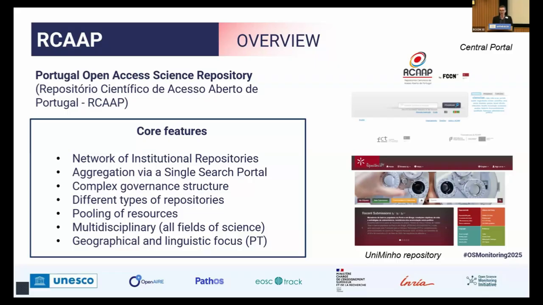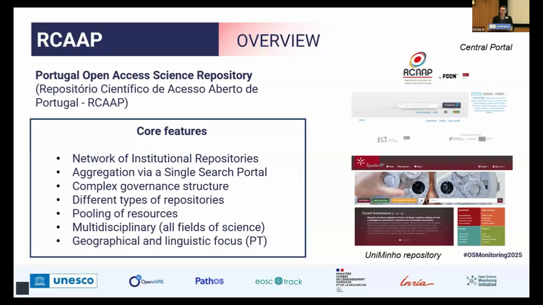Some are managed directly by the institutions and aggregated later on RCAP, but some are actually hosted by RCAP centrally, free of charge. So it's a big benefit for some institutions. It also enables the system to pool resources, because instead of having several institutions with complete teams managing the repository, you can have a common vision and people in charge of these issues.